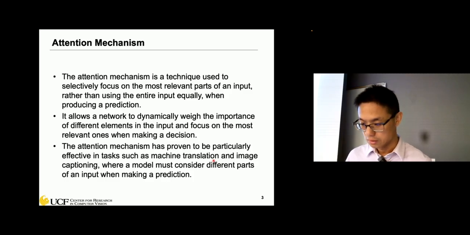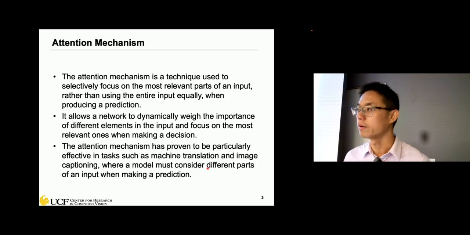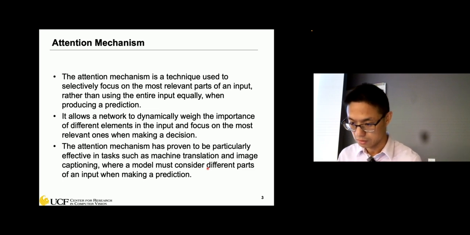A lot of regions may not convey very useful representations, so we don't have to spend a lot of computation on those regions. Okay, so that's the high-level picture: why we want to develop this attention mechanism, and how it is able to help with some of the learning tasks.